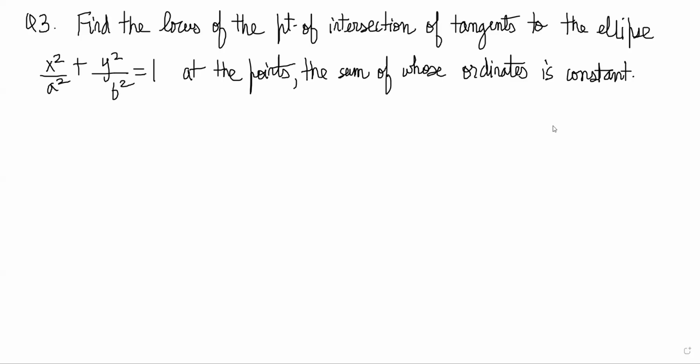So, ordinate means the y coordinate. We are given that the points are such that the sum of the y coordinates is constant, right?